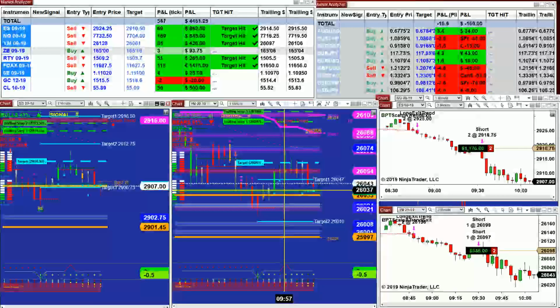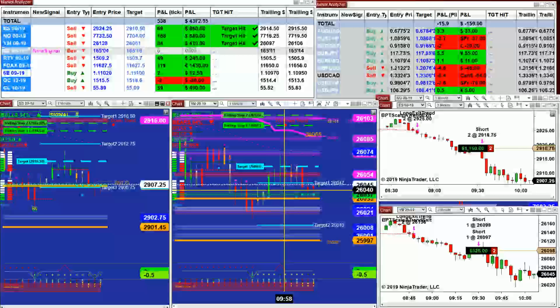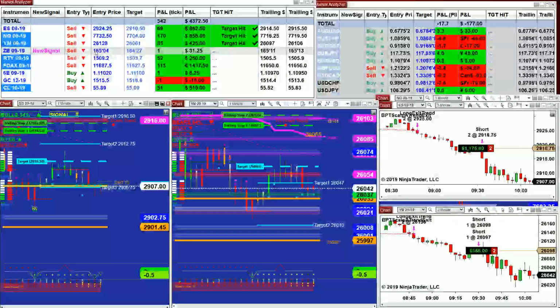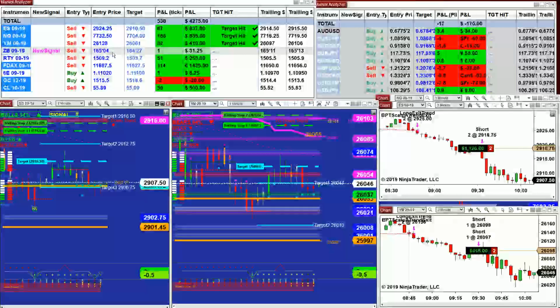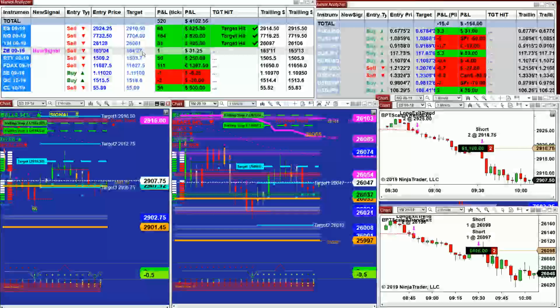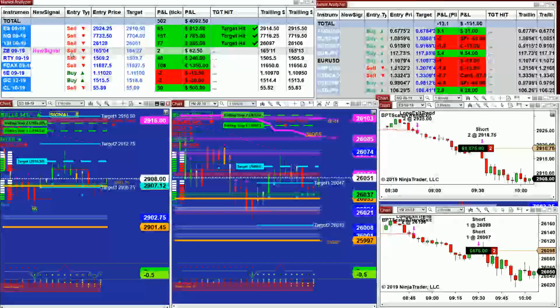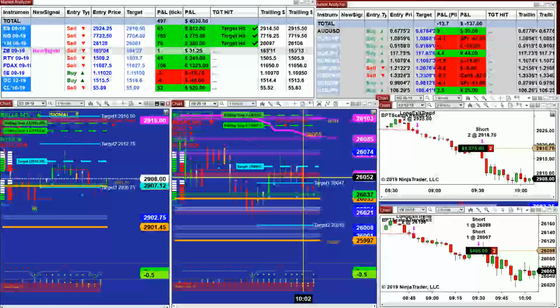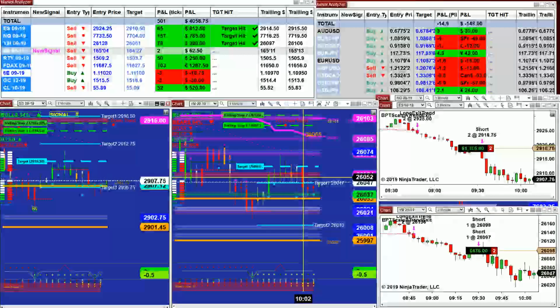So we are waiting for a new buy signal, and in the meantime there is a new signal on the 30-year Treasury bond: sell at 165.04, target 164.27. This new signal on the 30-year Treasury bond is pointing to the sell position, which is going to make the ES, NASDAQ, and Dow Jones go in the opposite direction.